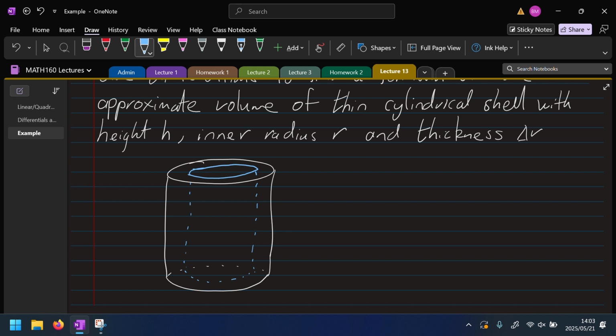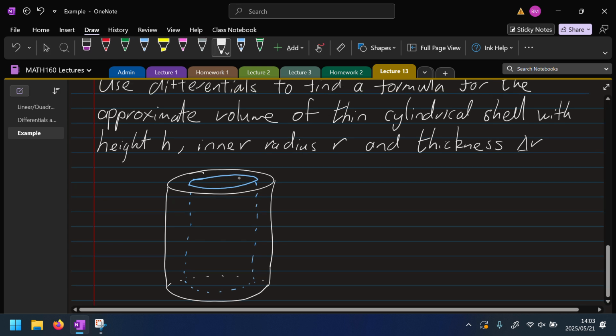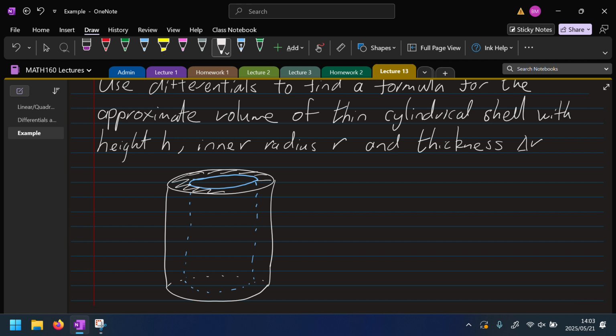We've got a cylinder on the inside, and we remove that. So this inside part is hollow, and then we just have this wall over here. That's what we mean by a cylindrical shell. It's like a pipe, and it's got some sort of thickness there.